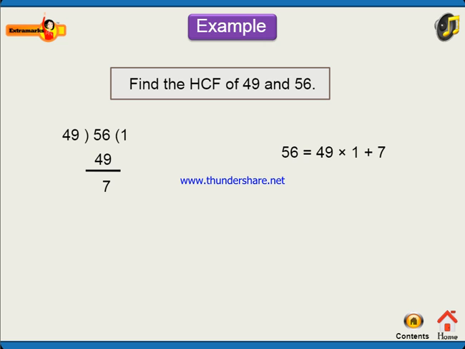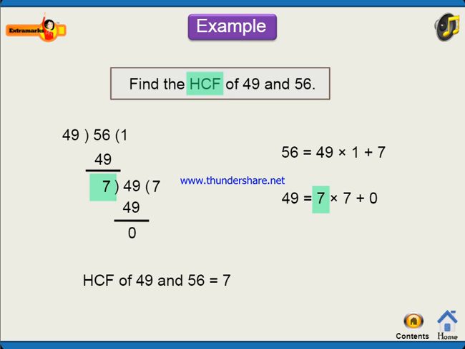Since the remainder is not equal to 0, we apply the division lemma to 49 and 7 to get 49 as 7 into 7 plus 0. Here we observe that the remainder has become 0, so we cannot proceed further. Since the divisor at this stage is 7, the HCF of 49 and 56 is 7.